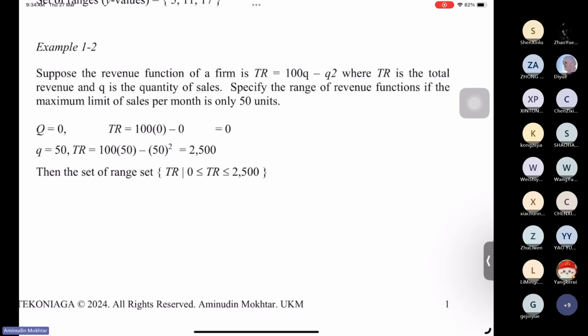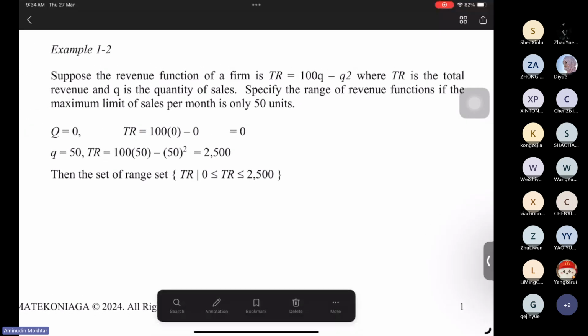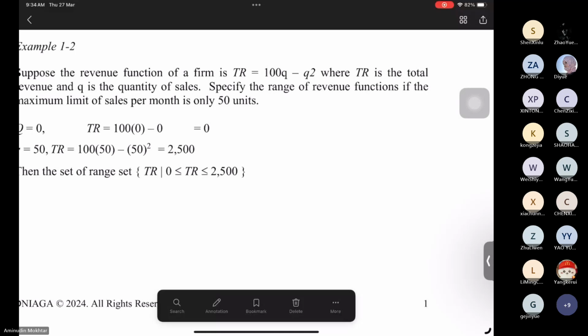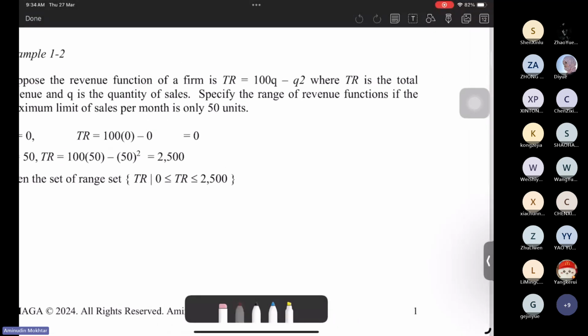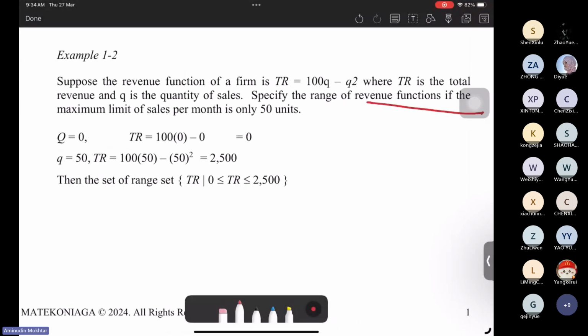Specify the range of the revenue function if the maximum limit of sale per month is only 50 units. In other words, the maximum quantity is not more than 50.